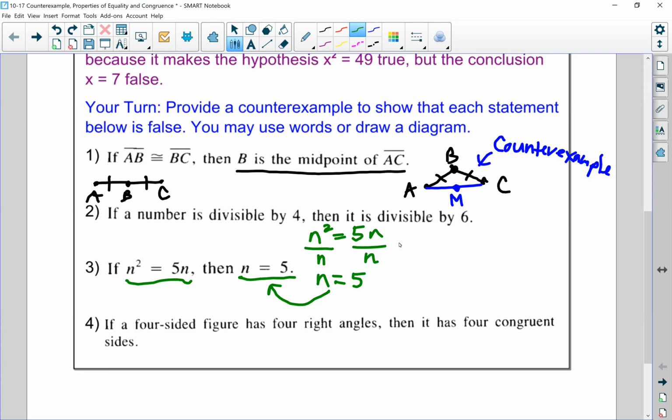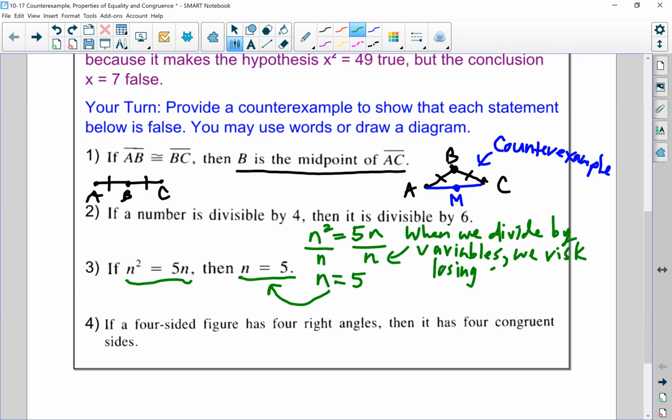We actually do not want to divide by variables when solving algebraic equations, because when we divide by variables, we risk losing solutions.